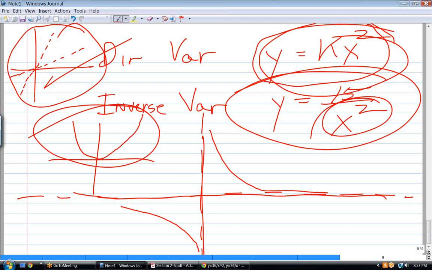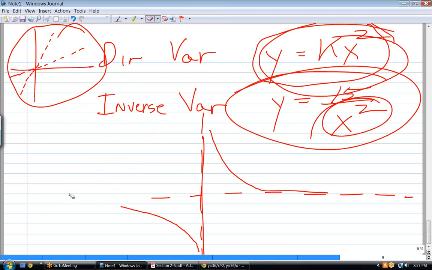So I'm not quite sure that one can make a statement about the graph of something that is directly or inversely varied, because if it was x cubed, the graph would look like this. So I'm not real sure how to answer the graphic part of your question.